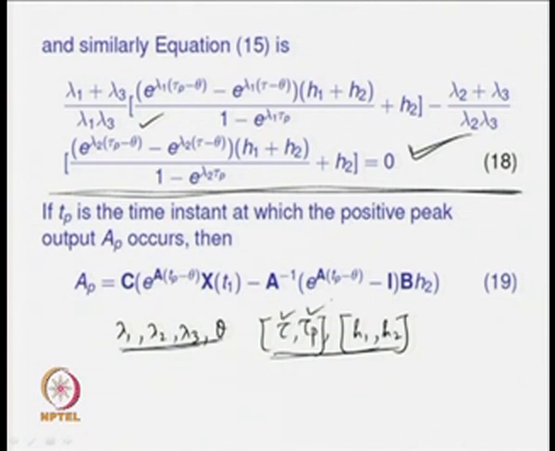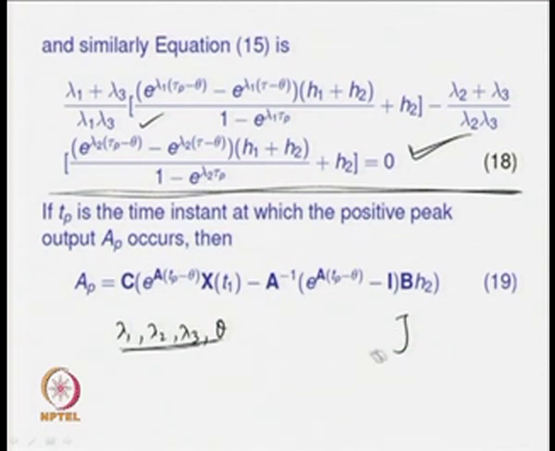So, we need to make 2 further measurements so that the 4 unknowns associated with the transfer function model can be estimated. We have to find analytical expressions for the peak amplitude as well as the negative peak amplitude. Those 2 values will not be the same.